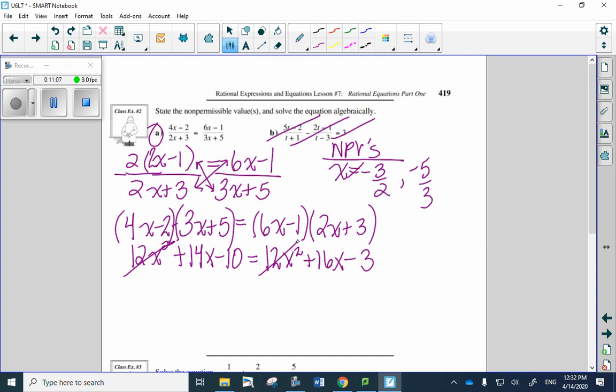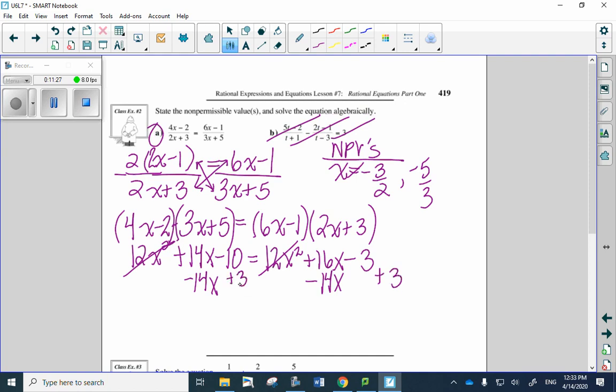Now I'm left with the 14x minus 10 and the 16x minus 3. This is a linear equation, so we want to group the x's together and the constants together. So I'm going to subtract 14x from both sides, and then we'll bring the 3 to the left, so I'll add 3 to both sides.